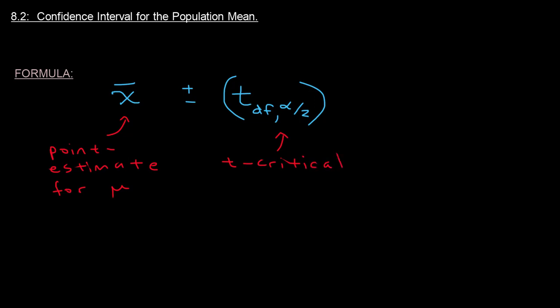But this t-critical is also going to be multiplied by the standard error. We saw sigma over square root of n, but this actually says s. Right? That was one of the whole reasons why we're now in the t-distribution instead of the z-distribution. So this is the standard error.